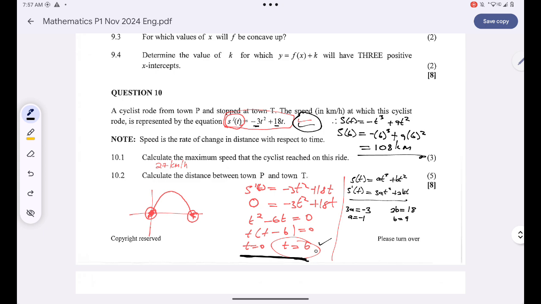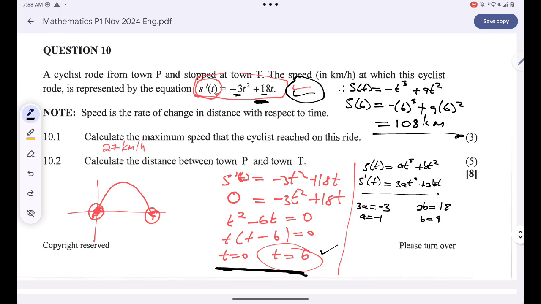We found that the person took 6 hours to move from town P to town T. Né? But now, guys, you cannot just substitute the 6 hours over here. That will be incorrect. Né? We must first find the distance equation.